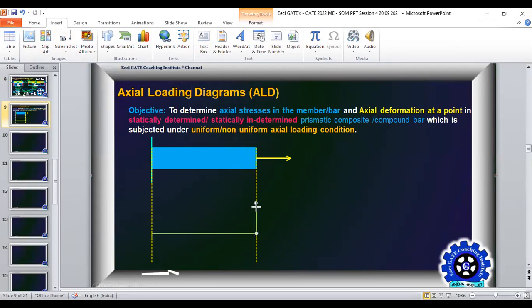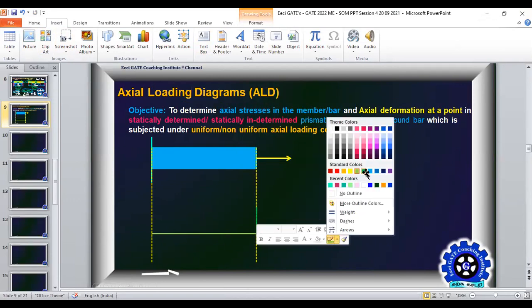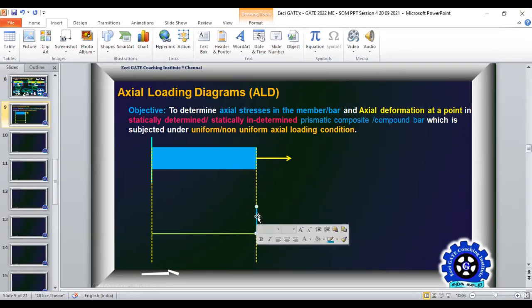Try to draw by your own. Here what will come? From here to here, we need to move up. After that, up to here, what will come? Tell me. This is the figure.